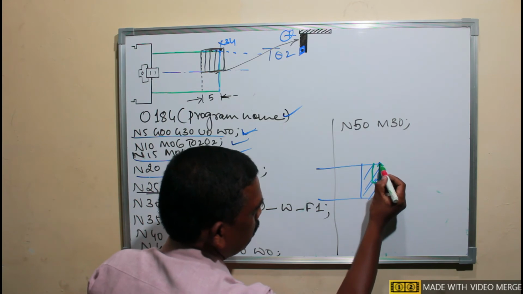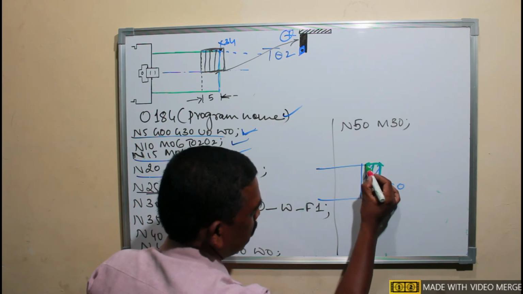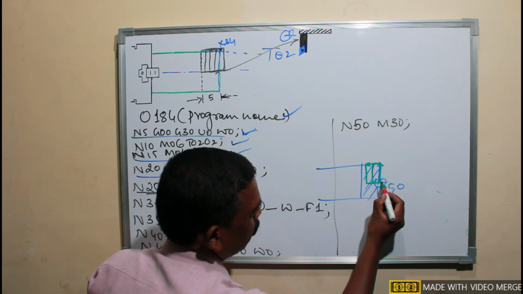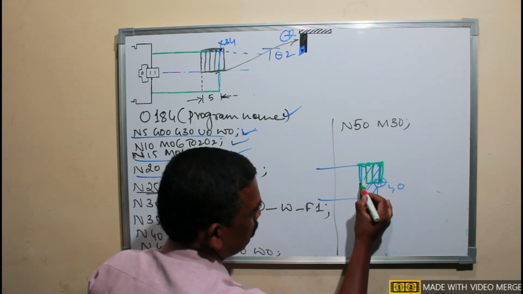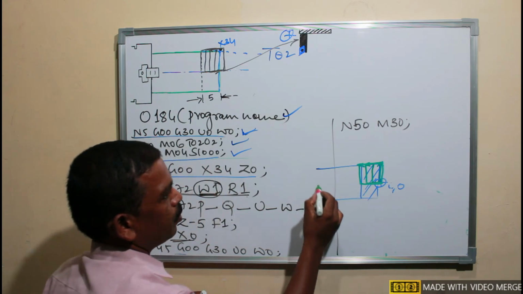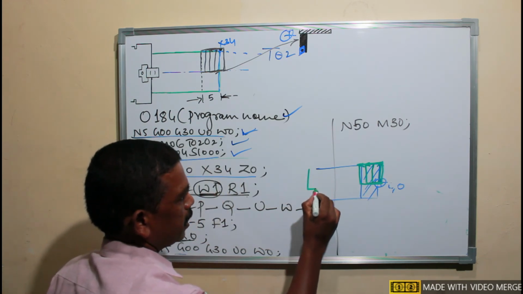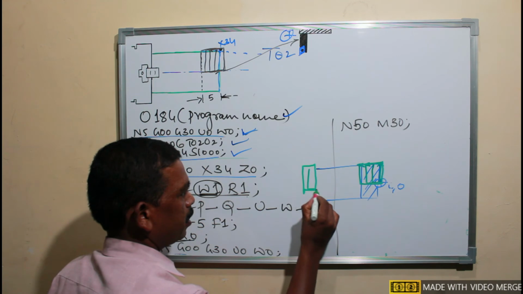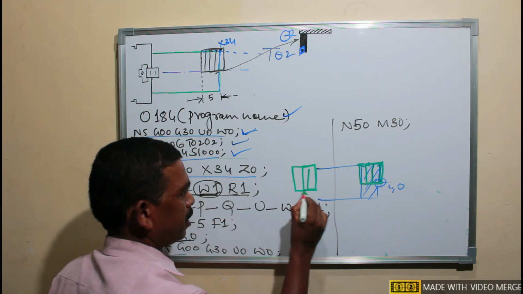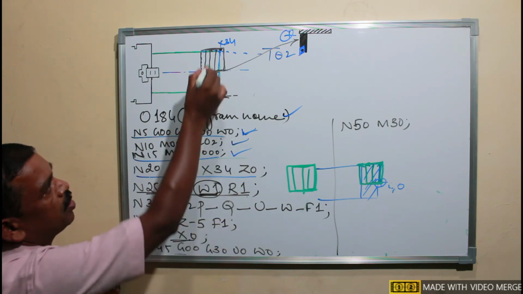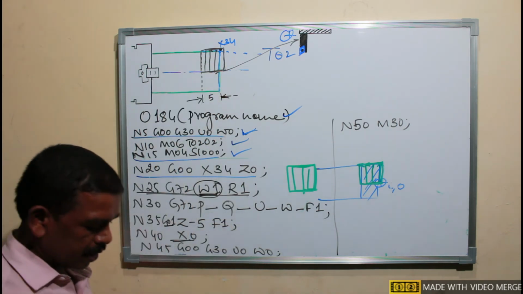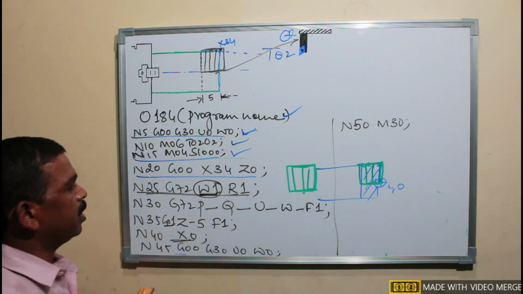Again it will take the depth of cut in the second pass, and again in the next pass. Like this the tool will move. Take depth of cut and go, and again take the depth of cut. So this is the procedure for removing the extra material from the face of the workpiece.